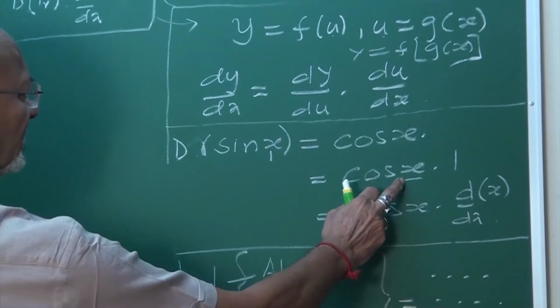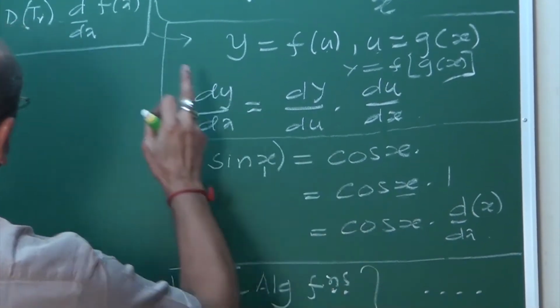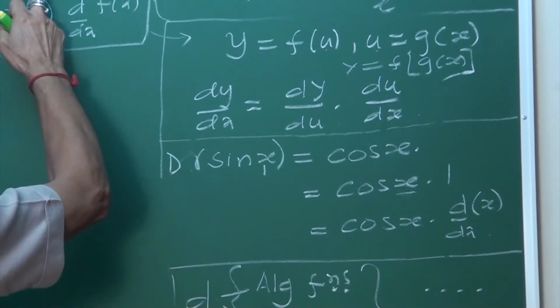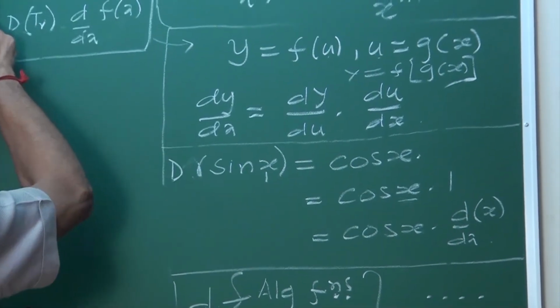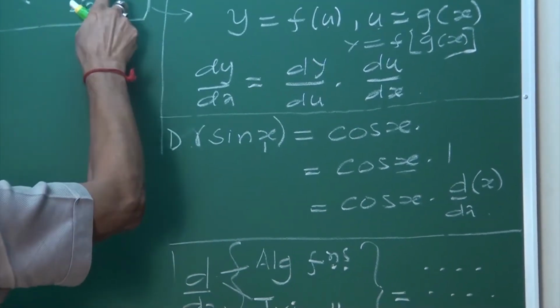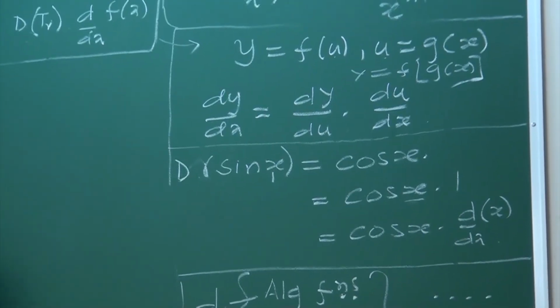So when the angle is x, don't write a derivative. When the angle is other than x, a function of x, you have to write first the derivative of the trigonometric function into the derivative of f(x) with respect to x. Sine, cos, everything I told.